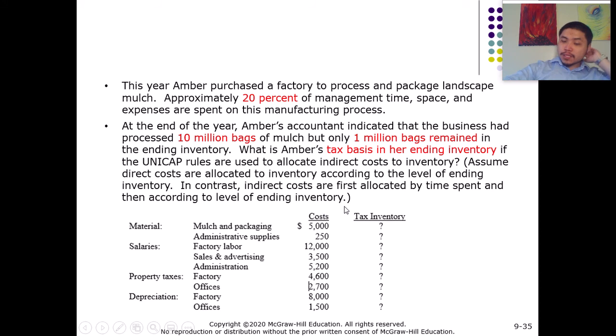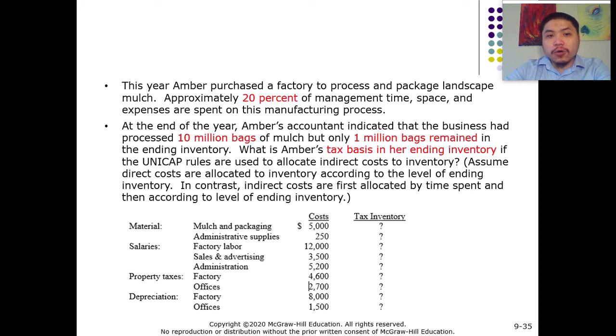As you can see, some of the costs here under the financial reporting regime, we may not need to capitalize, for example administrative supplies or depreciation of office, property tax on office. Usually under the financial reporting regime, we may not need to take into account those kinds of items.